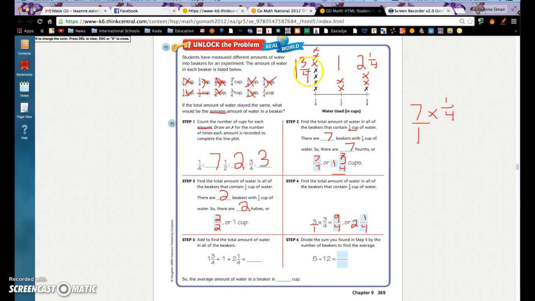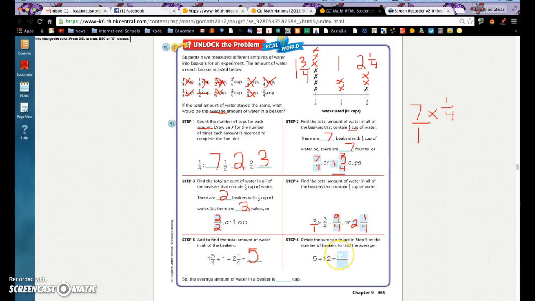Okay. Well, we can go ahead and do 1 plus 1 is 2, 2 plus 2 is 4, and then we have 1/4 plus 3/4, and that's going to give us 1 whole. So 4 plus 1 is 5. Okay. So when we add them all up, we get 5.